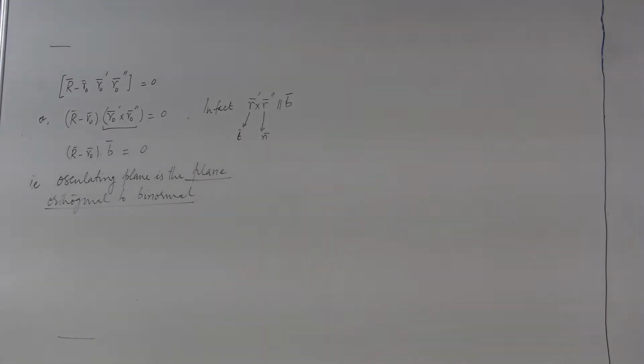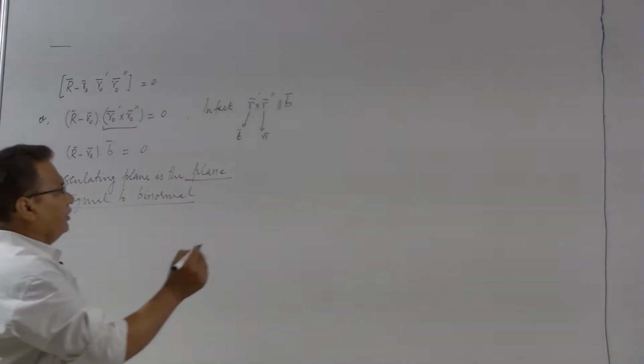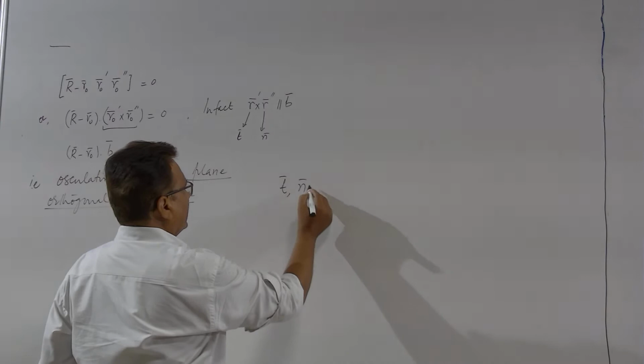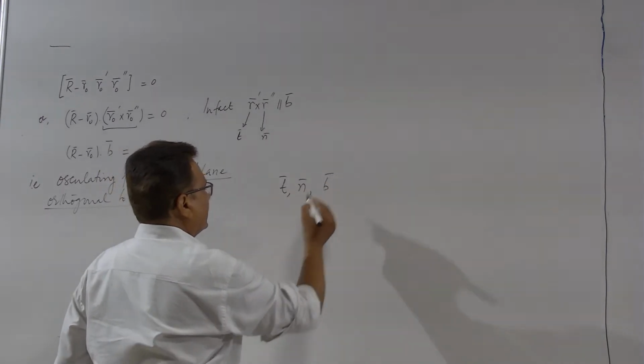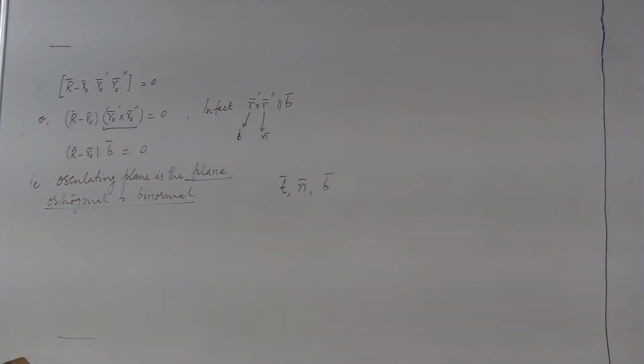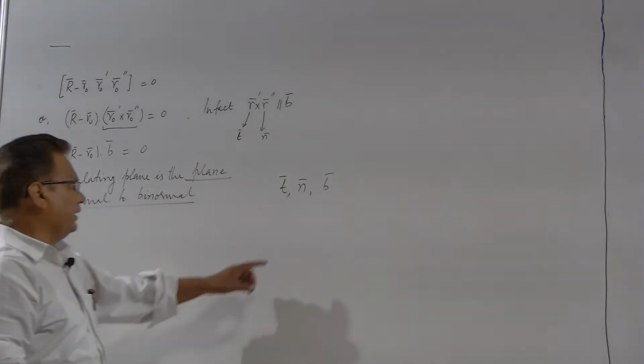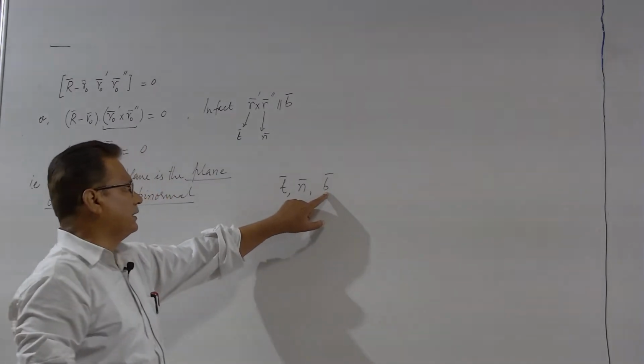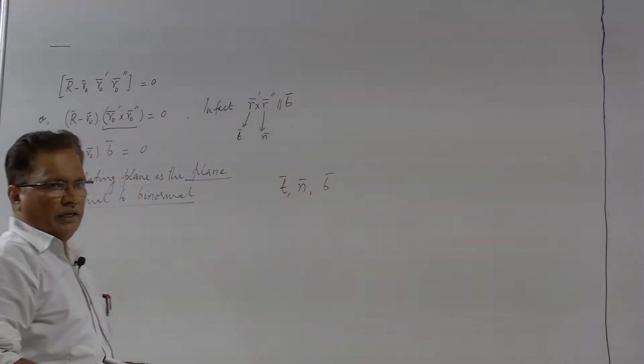and this also means, what are the three vectors? The three mutually perpendicular vectors are t, n and b. All of them are unit vectors and they are mutually perpendicular to each other. If something is normal to b, then definitely that thing will contain t and n both.